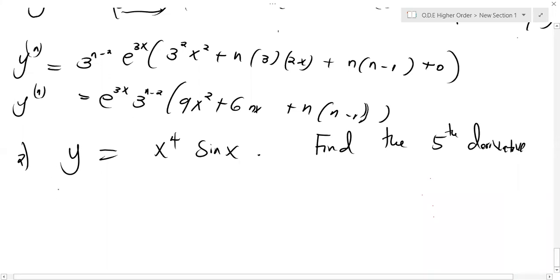So let your u be equal to sine x and your v be equal to x raised to power 4, for reasons we already know, yeah? Because the derivative of this, we know very well that in a few stages is going to be 0, okay? And we also know the nth derivative of this. So let's go, guys.